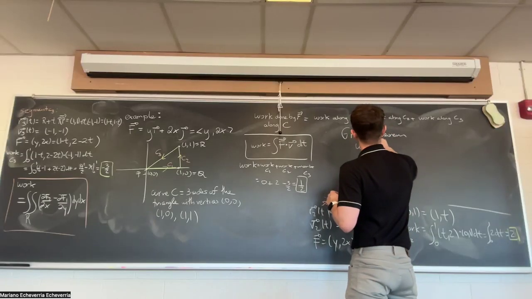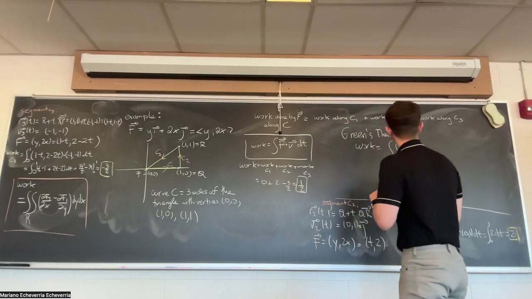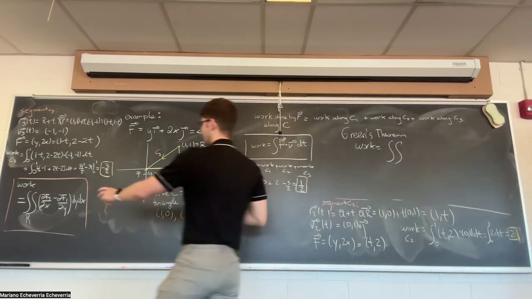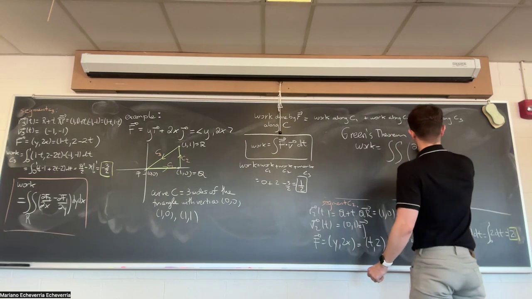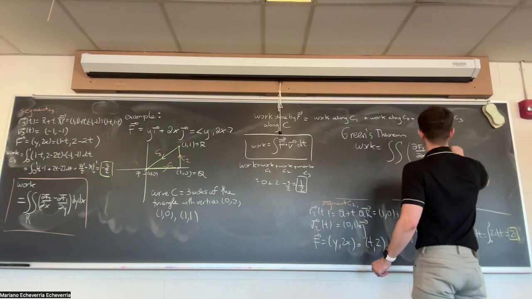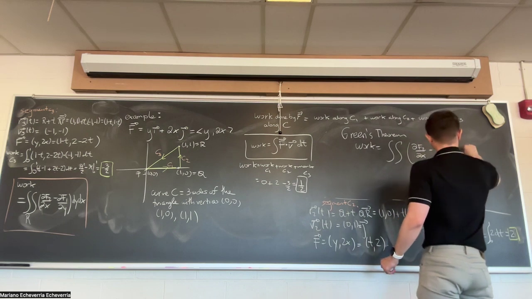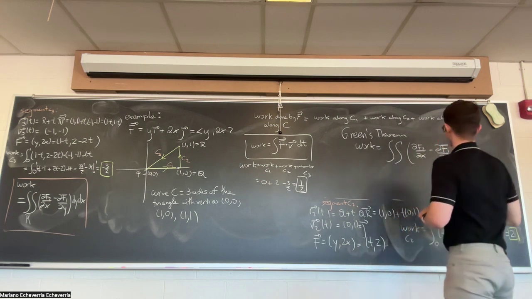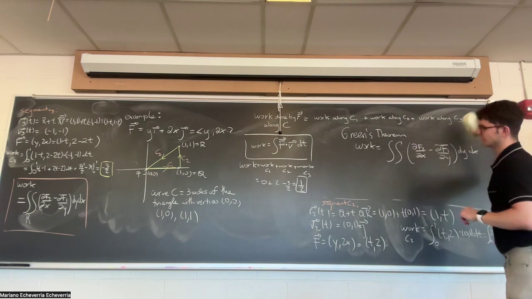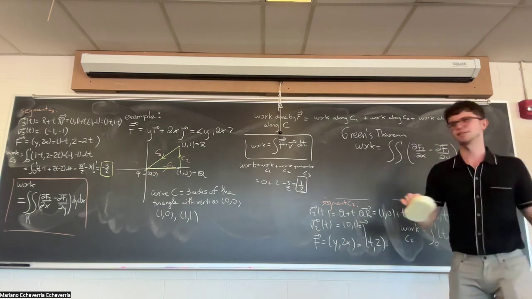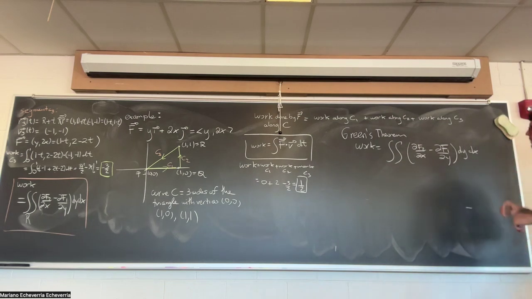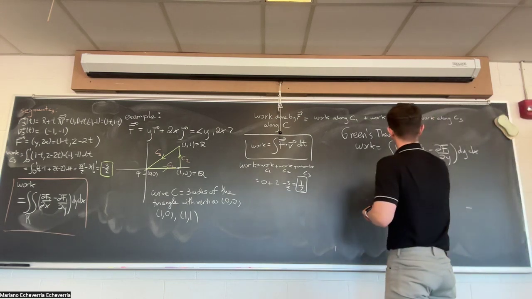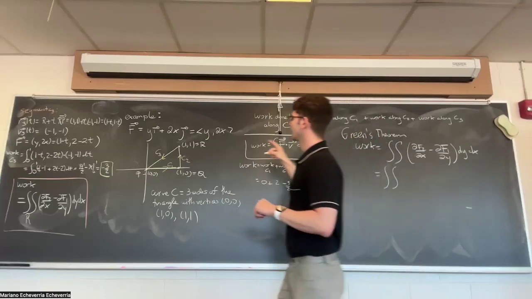What Green's theorem says is that the work is just a double integral of the derivative with respect to x of the second component of the force minus the derivative with respect to y of the first component of the force. So let's work it out in this particular case, and then I'll put the bounds because it's supposed to be a double integral. What is the second component of the force in this case?